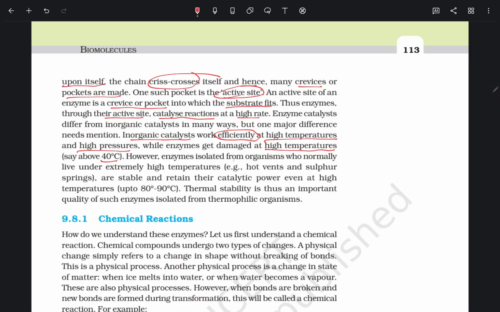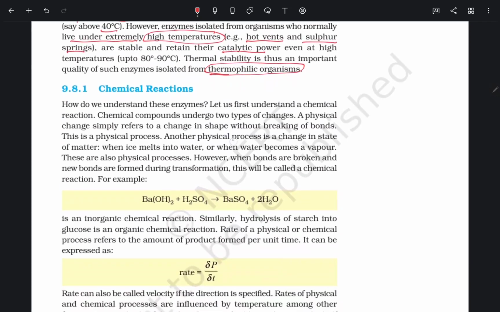However, enzymes isolated from organisms that normally live under extremely high temperatures, such as hot vents and sulfur springs, are stable and retain their catalytic power even at high temperatures up to 80 to 90 degrees Celsius. Thermal stability is thus an important quality of such enzymes isolated from thermophilic organisms.